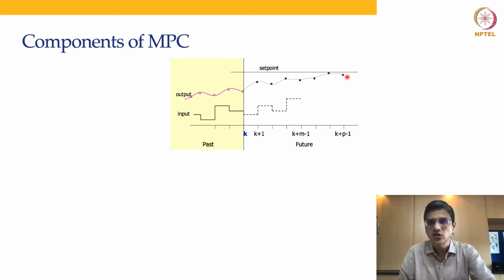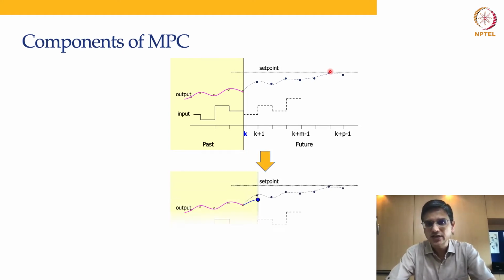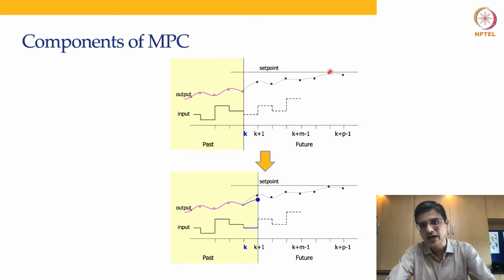We use an optimizer to find the best set of m input moves in the future so that the system is driven to the set point as quickly as possible. Now we implement this in a receding horizon manner, which basically means that we throw away the future calculations. We only implement the current input move at time k.